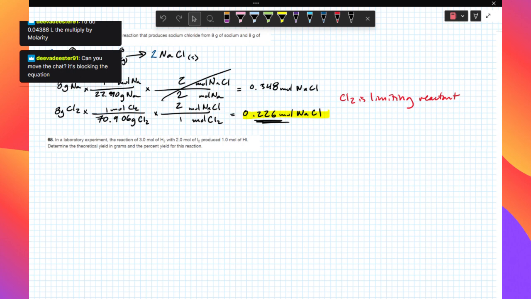Determine the theoretical yield in grams and the percent yield for this reaction. So far, so good?